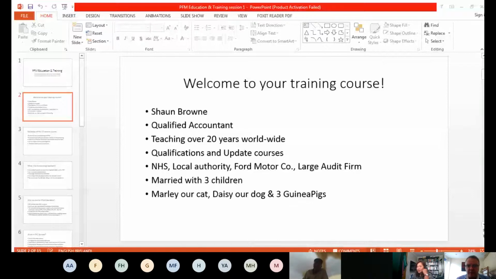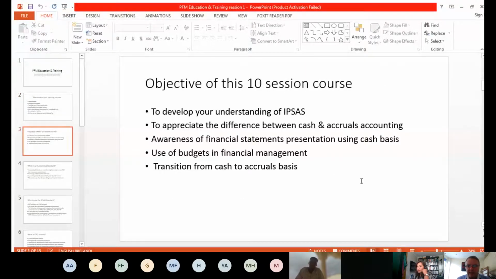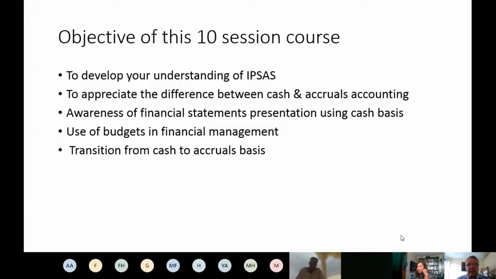Okay, so let's move on then, just again from a starting perspective. Let's go on to our slides and have a look at our next section, and we can start moving forward. Now, the first thing we need to do is consider the objective of the session. And what we're going to do throughout our 10 sessions together is develop your understanding of the IPSAS standard.